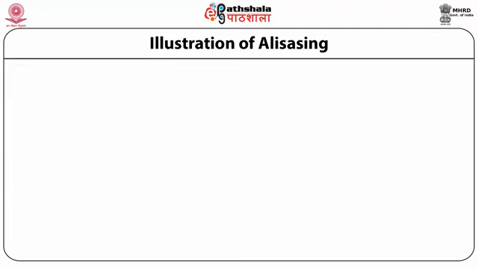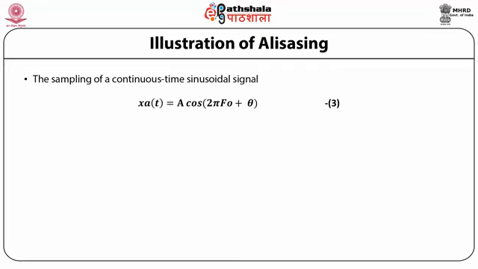Aliasing. Let us now discuss the process of aliasing, the sampling of a continuous time sinusoidal signal, that is x_a(t) equal to A cos(2 pi F naught t plus theta).